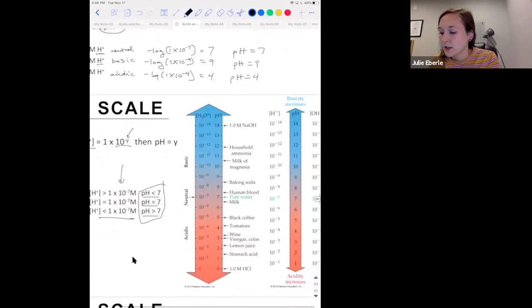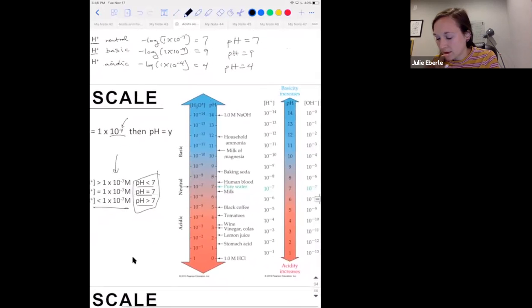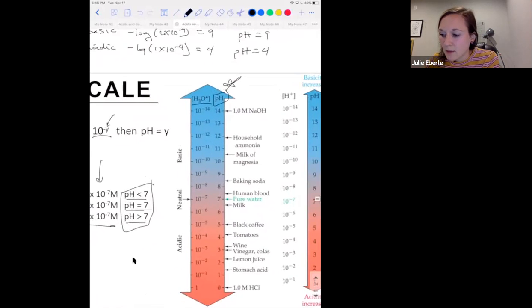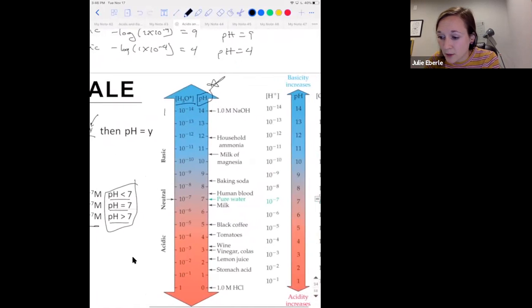Now these figures show you quite a few things. In this first arrow right here, you've got the pH in the right-hand column, and you've got the concentration of H3O plus in the left-hand column. And it just shows you how those two things relate. And notice, I'm assuming that the base number here is 1 times 10, all the way down.